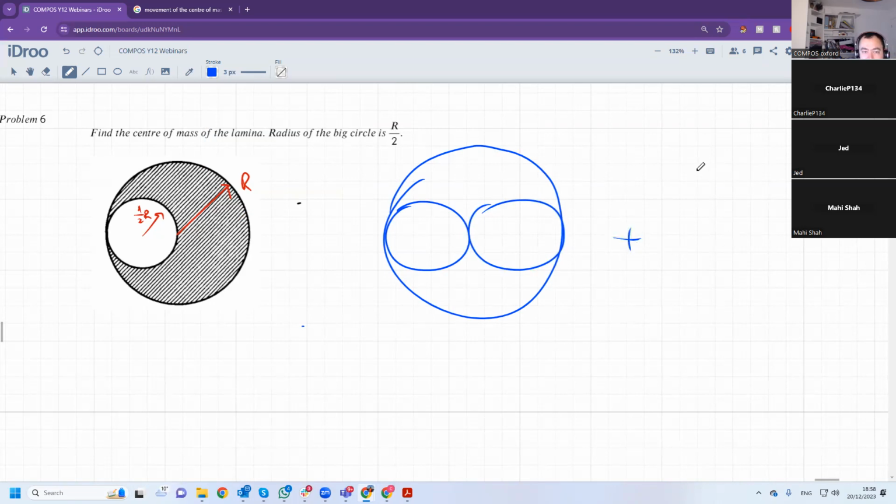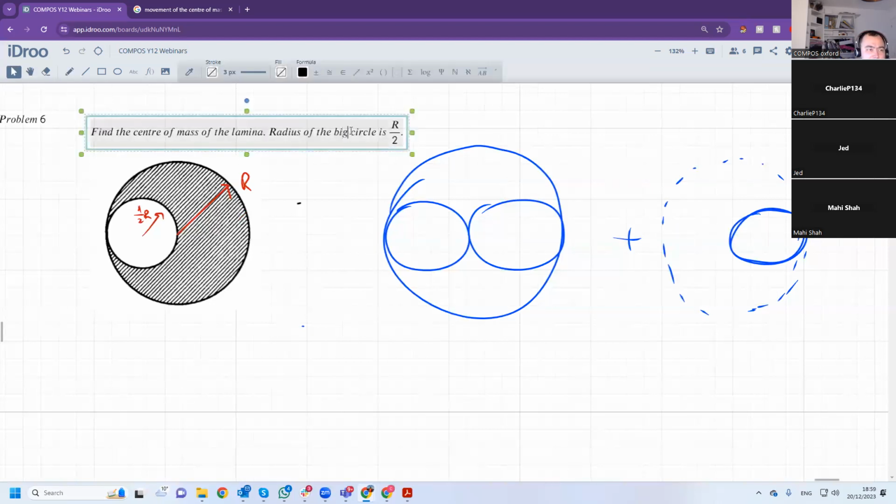Plus, imagine you have, oh, sorry, radius of the small circle, a typo.